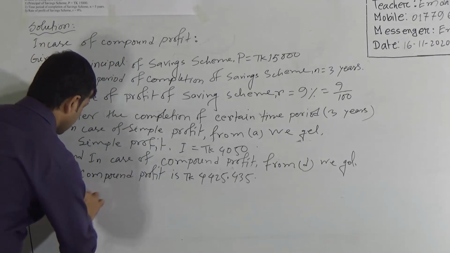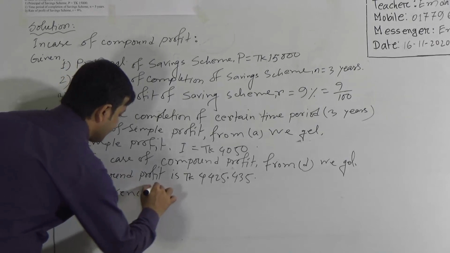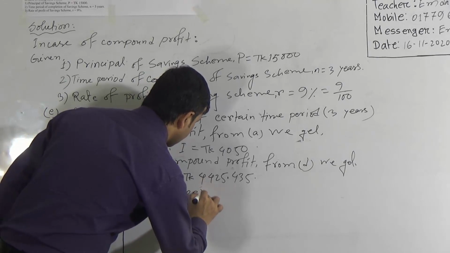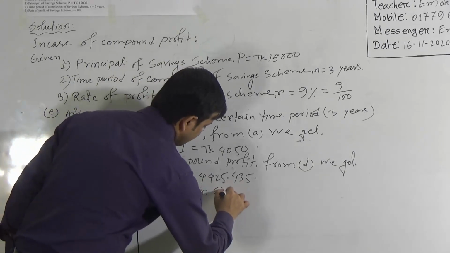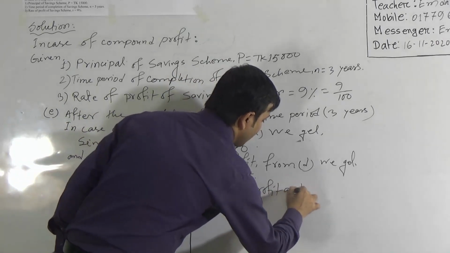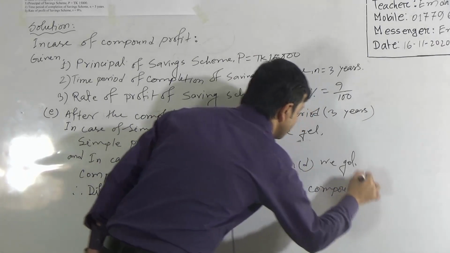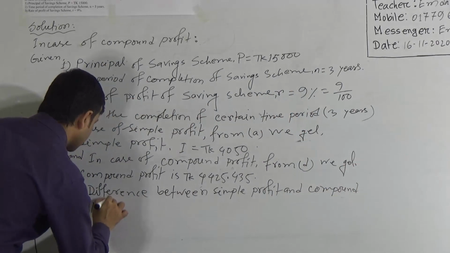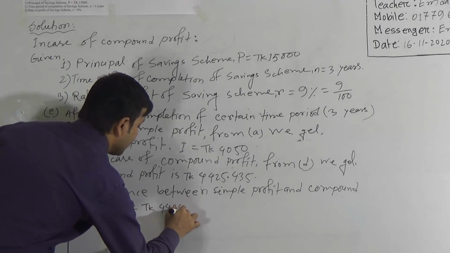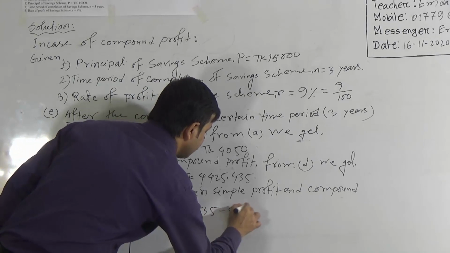Therefore, the difference between simple profit and compound profit will be equal to taka 4,425.435 minus 4,050.